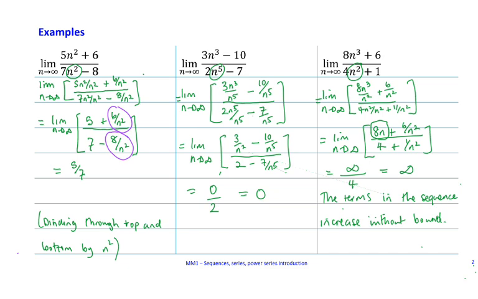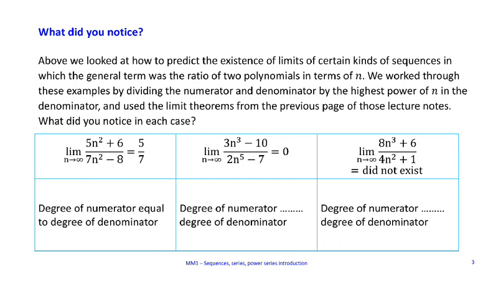So let's move on to the next. Now, on the previous page, we looked at how to predict the existence of limits of certain kinds of sequences, to which the general term was the ratio of two polynomials in n. When we work through these examples by dividing through the numerator and the denominator by the highest power of n in the denominator, and use the limit theorems from the previous page, we had 5 over 7 for the first one, 0 for the second one, and the limit did not exist for the third one.